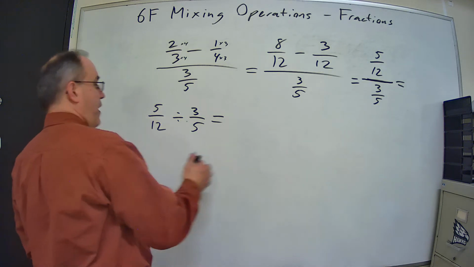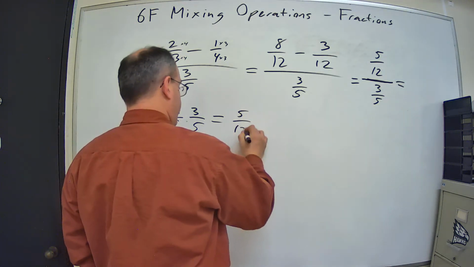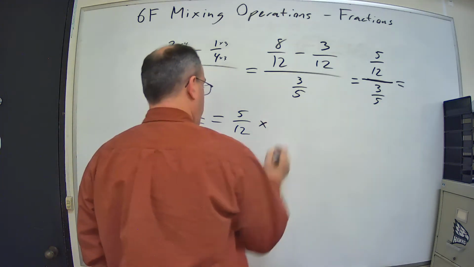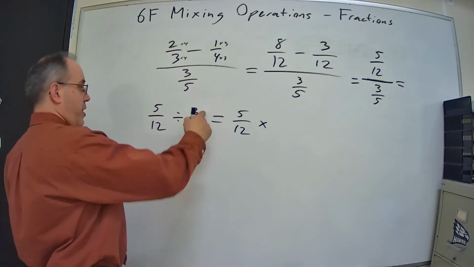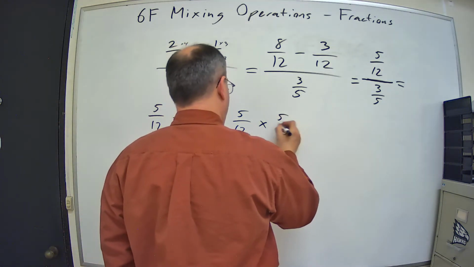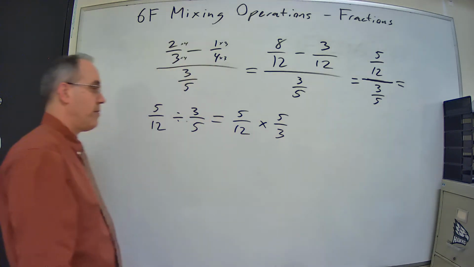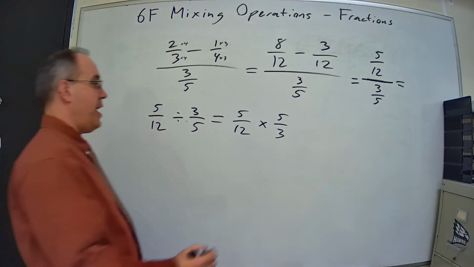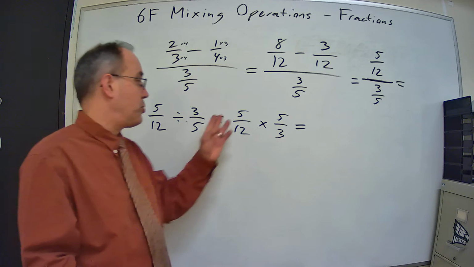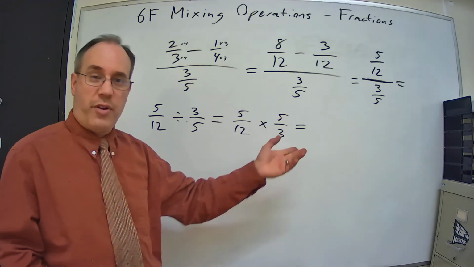So we're going to keep the 5/12. We're going to change division to multiplication. And we're going to change 3/5 by flipping it. We're going to turn it into 5/3. So now that we have that, we can multiply. And when we multiply, we just multiply across the numerator, we multiply across the denominator.